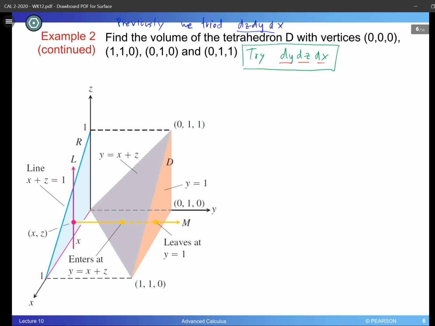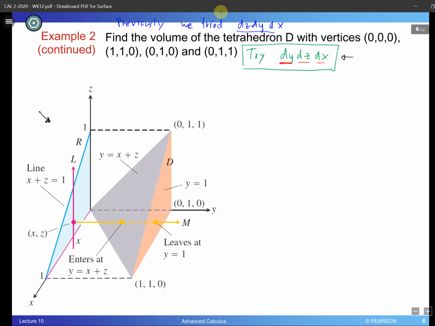So I'm going to start with the sketching, and the sketch is already here. Same object, same tetrahedron. Now the order of the integration is already here. So we determine it's going to be y, z, and x. Now we are going to sweep the first variable, y, between two surfaces.